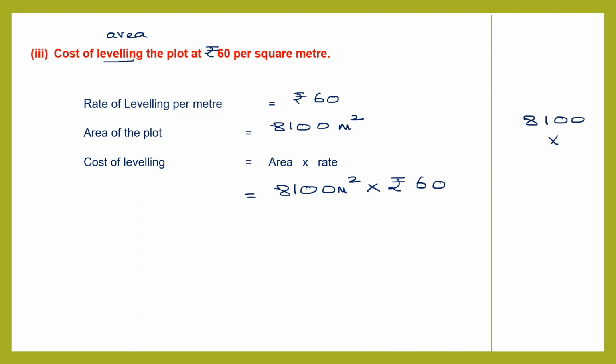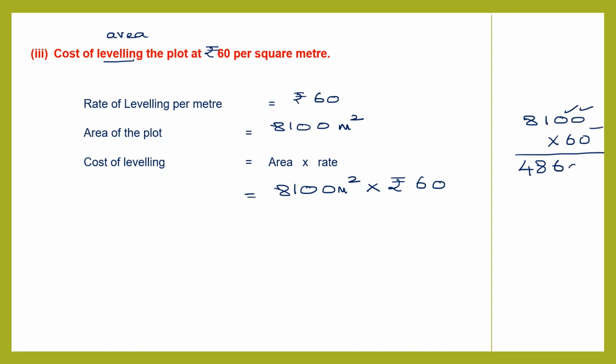8,100 into 60. Whenever numbers end in 0, it's always easy to multiply. So let's ignore the 0 for now and multiply 81 into 6. So 6 ones are 6, 6 eights are 48. Now we can add all the zeros. So let's count the number of zeros. 1, 2, 3.